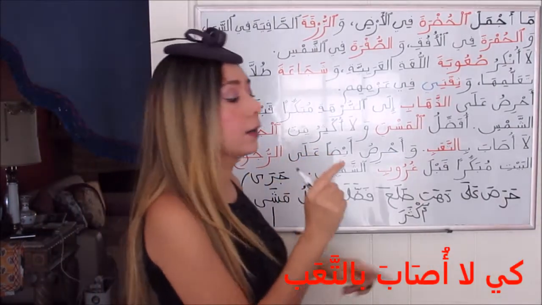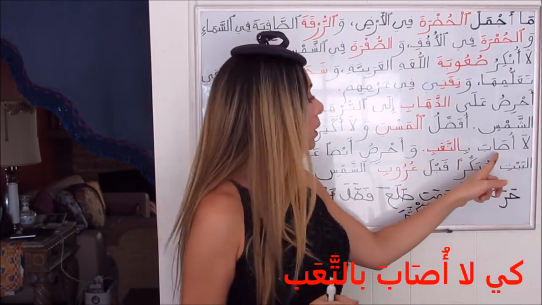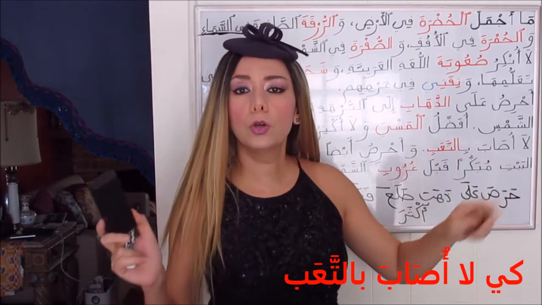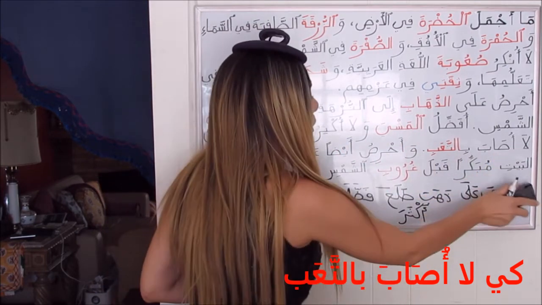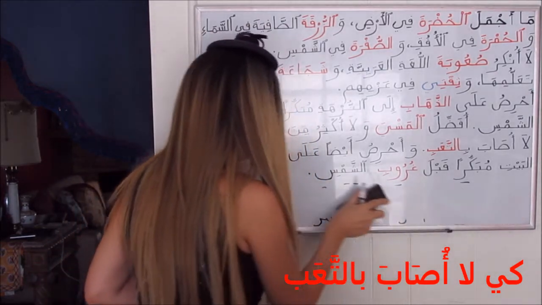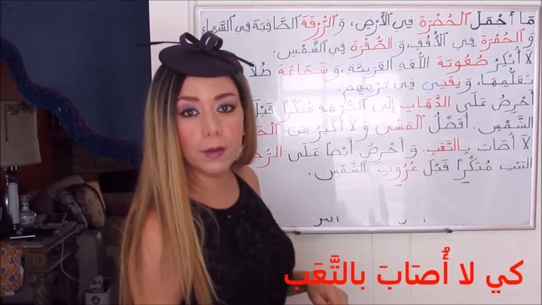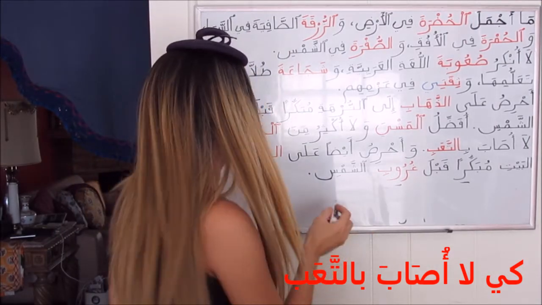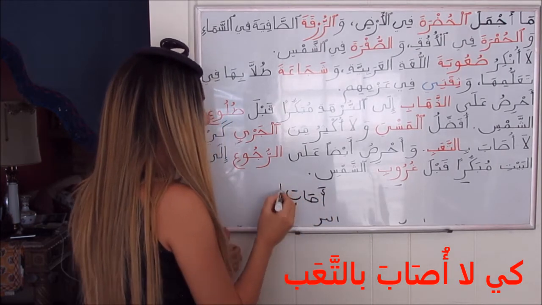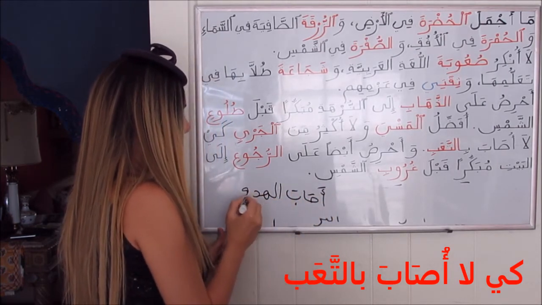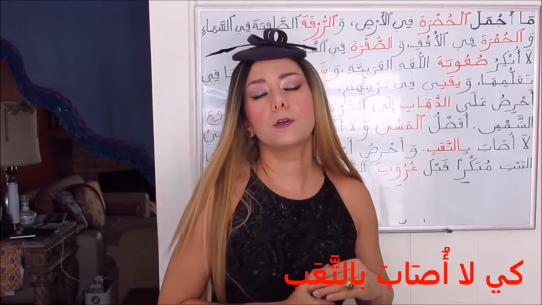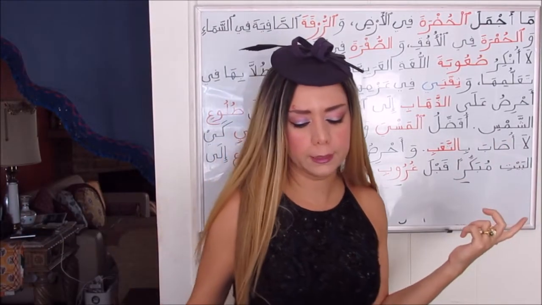كي لا أصاب بالتعب. أصاب. This is in the passive form. From the verb أصاب. We say أصاب الهدف. He hit the target. So أصاب has different meanings depending on the context.